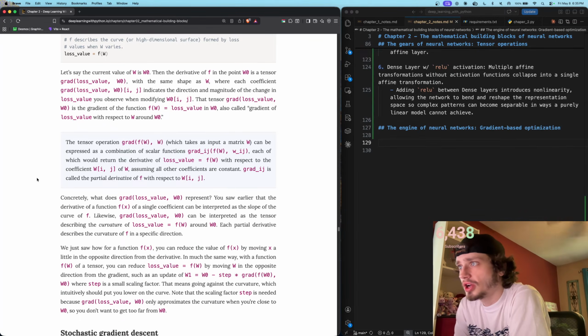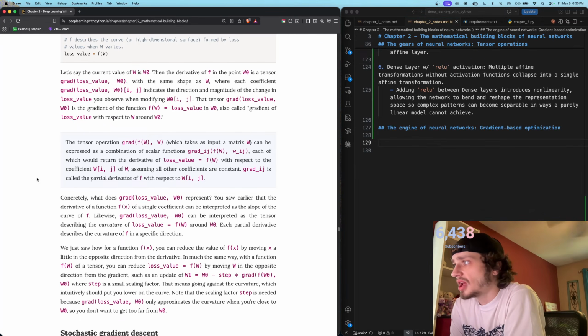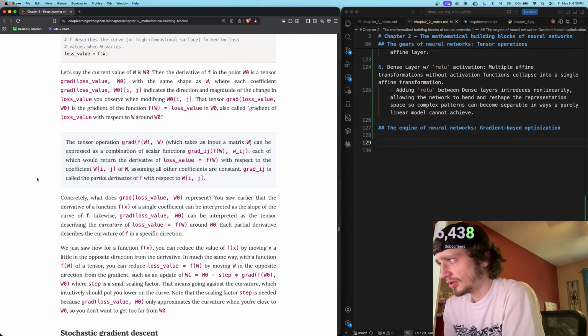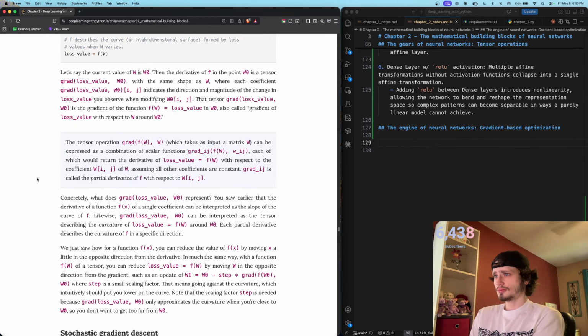The tensor operation, gradient f of big W comma W, which takes an input, a matrix W, can be expressed as a combination of scalar functions grad_ij of f of big W comma W_ij.